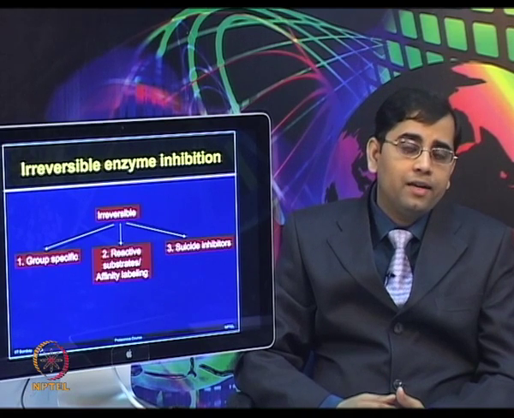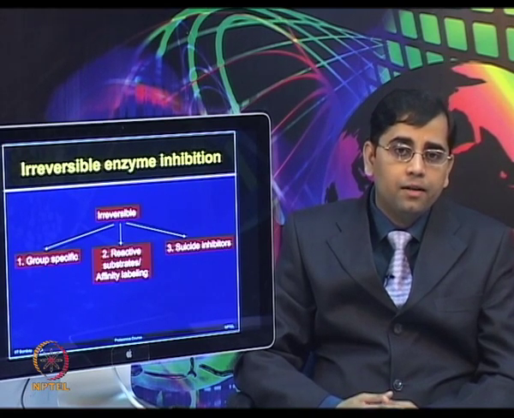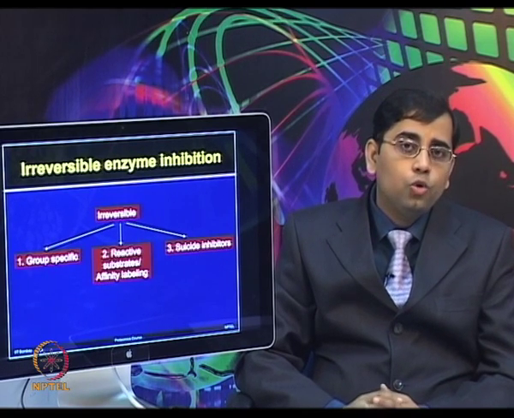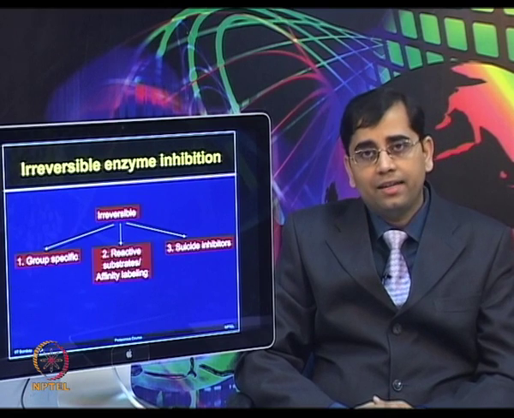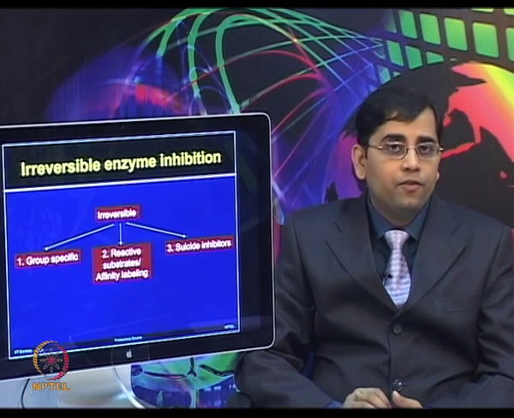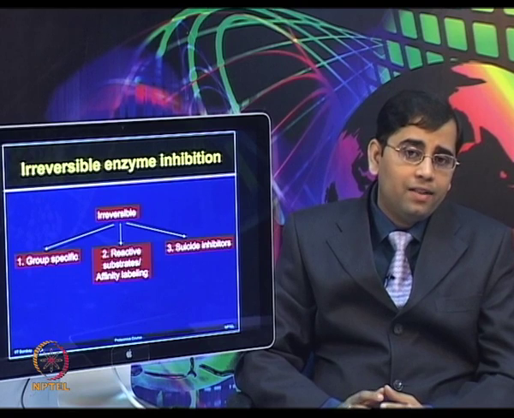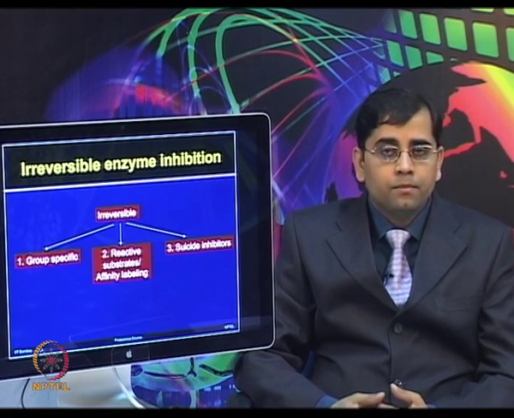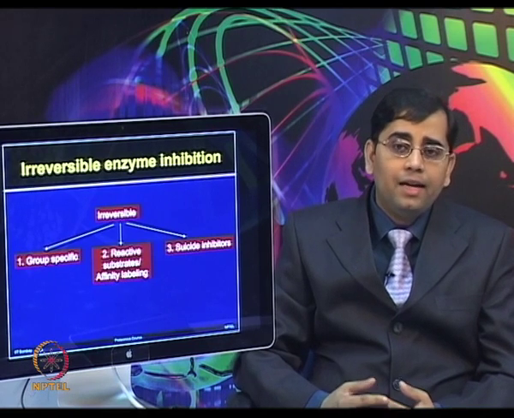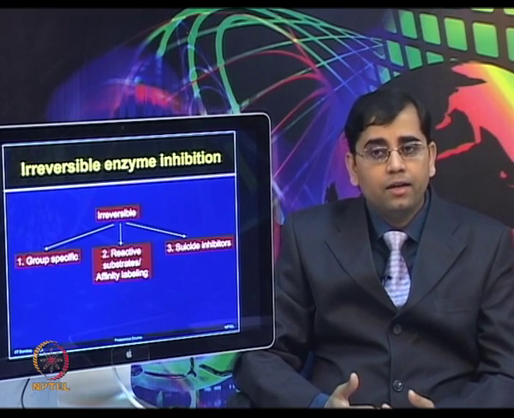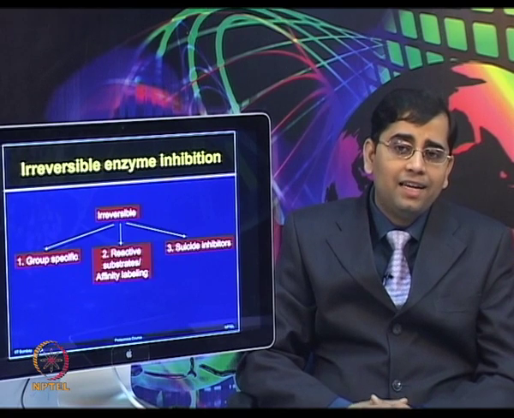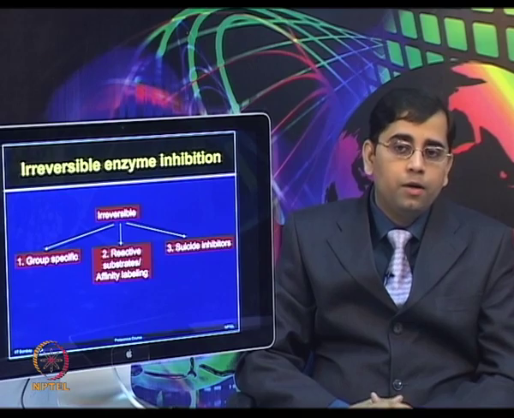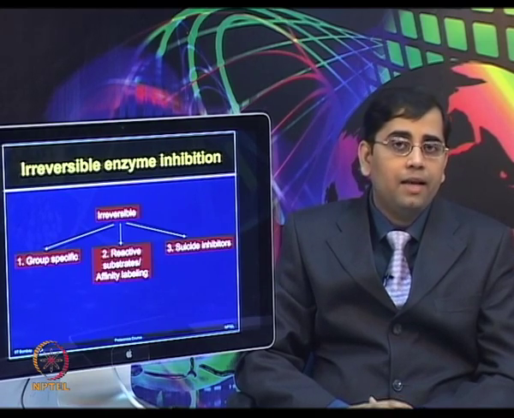The reactive substrates or affinity labels are structurally similar to the substrate and covalently bind to the active site. They are more specific for enzyme active site than group specific reagents. The suicide inhibitors are highly specific substrates which can modify the active site of an enzyme. They are most specific for modification of enzyme's active site.